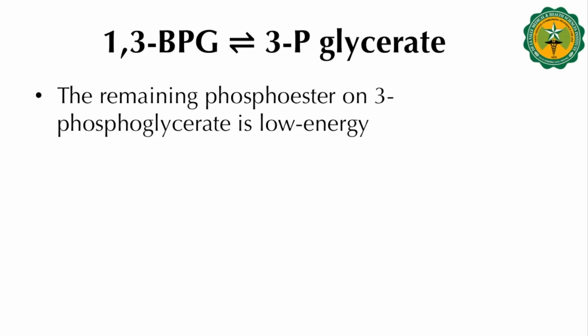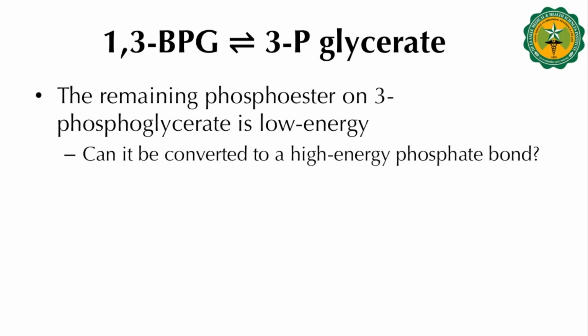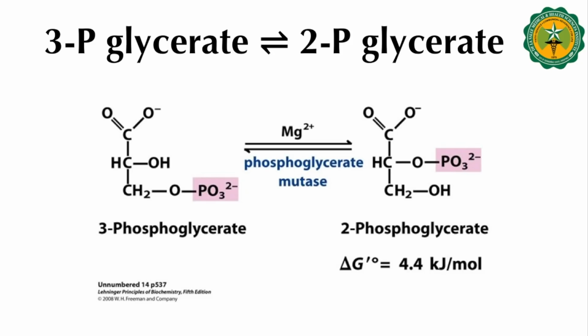The product in this step, 3-phosphoglycerate, is left with 1 phosphate group engaged in a phosphoester bond. This bond, however, is of low energy. This then begs the question, can this low-energy phosphoester bond be converted to a high-energy phosphate bond? The answer to that question is yes, through a 2-step process, the first of which involves moving the phosphate of 3-phosphoglycerate from the carbon 3 position to the carbon 2 position.